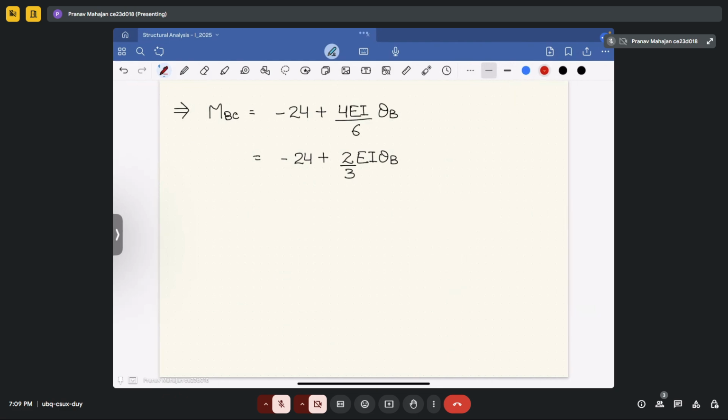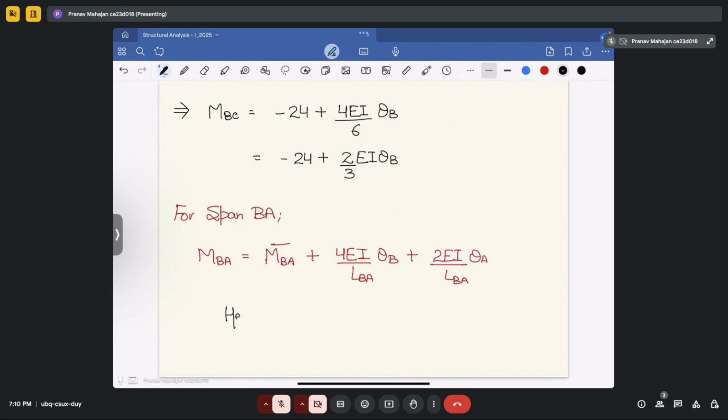Now for span BA, your MBA will be equal to MBA bar plus 4 EI upon LBA into theta B plus twice EI upon LBA into theta A. Here your theta A will be equal to 0.